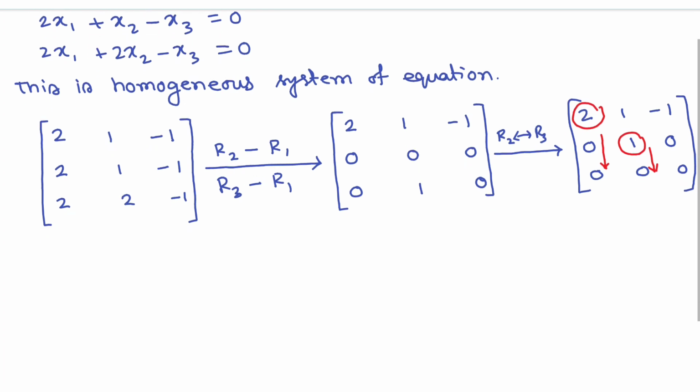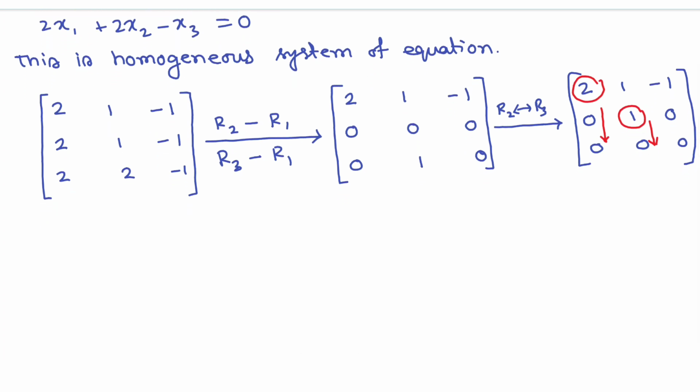Now tell me, what is the free variable? x3 is the free variable, right? So you have to write here: x3 is free variable.